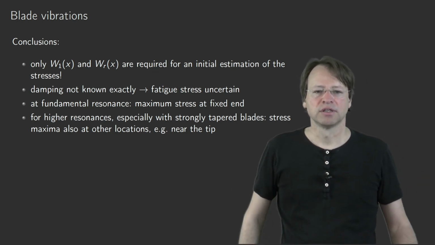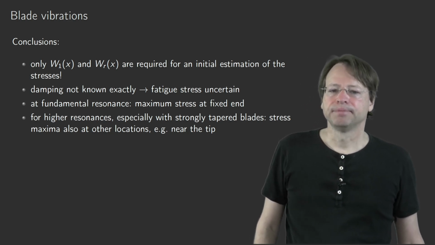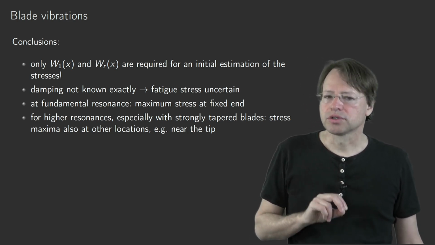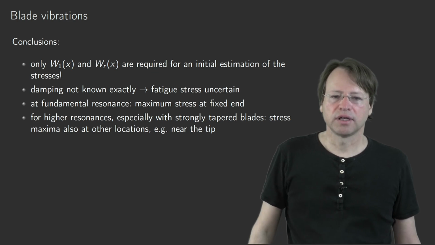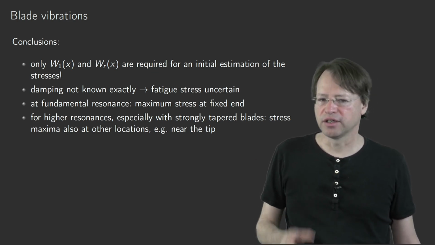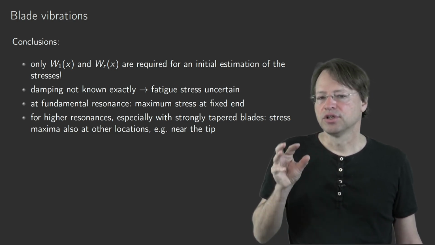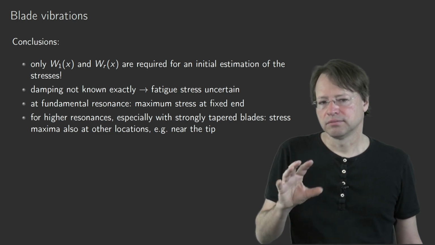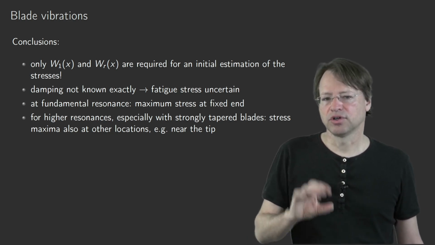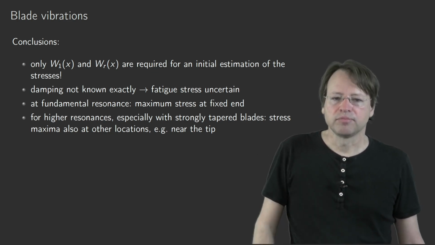We also had some nice research projects on this at my institute, because, well, you want to have a lightweight construction and a very efficient construction. And if you have to introduce high safety factors due to these symmetry breakings, disturbances of the symmetry, then, well, you cannot be very efficient.